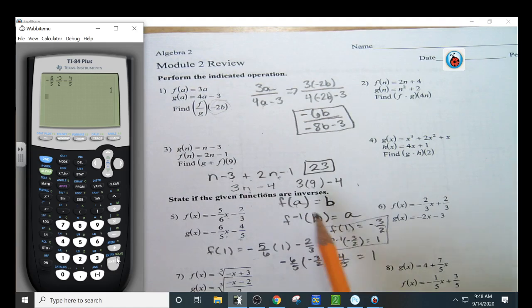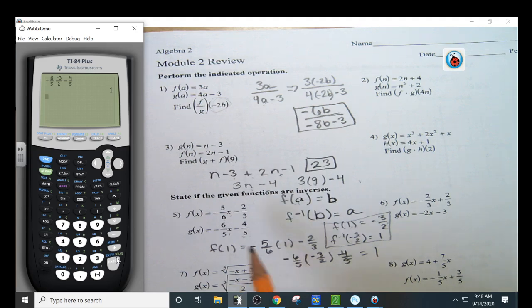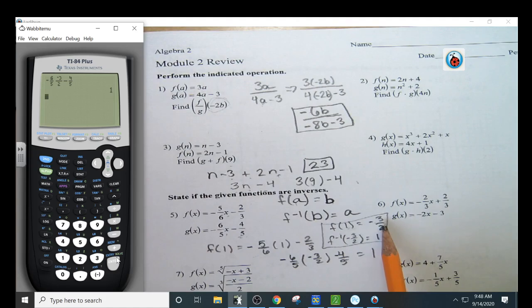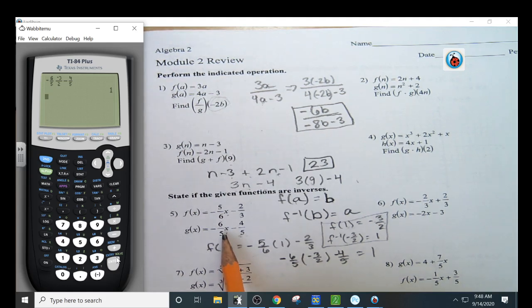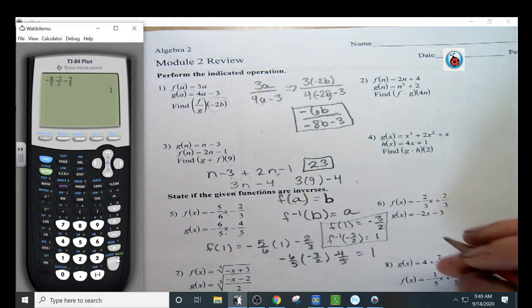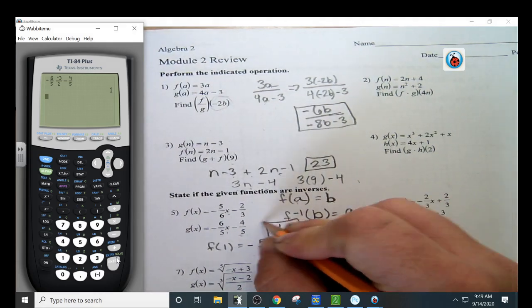I plugged in a 1, and my output value after I plugged it in f of x was -3/2. Well, I took that output value and put it in my inverse. We'll call this my inverse here. I plugged that in, and it gave me my original output back. So if that happens, then that is an inverse.